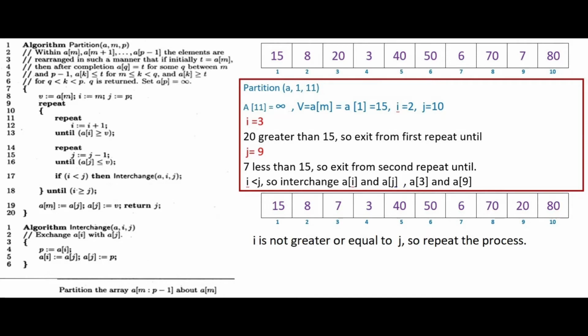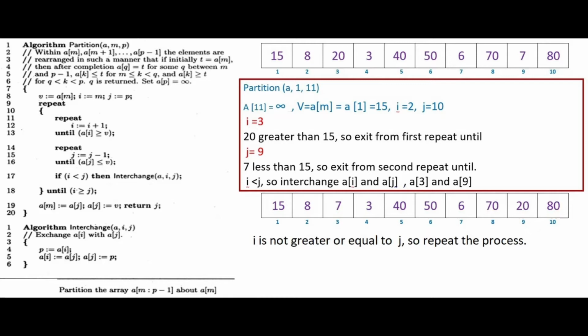Then if I less than j, condition true, so perform the interchange operation, interchange of A, I, j. Interchange the selected two elements, A of I and A of j. Interchange 20 and 7. That is represented in the second array.